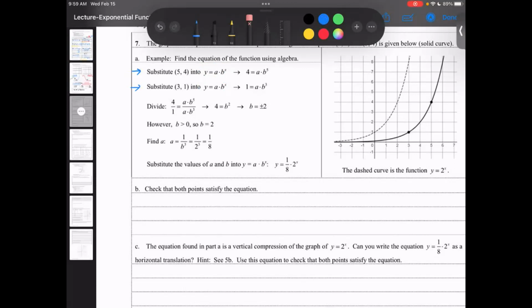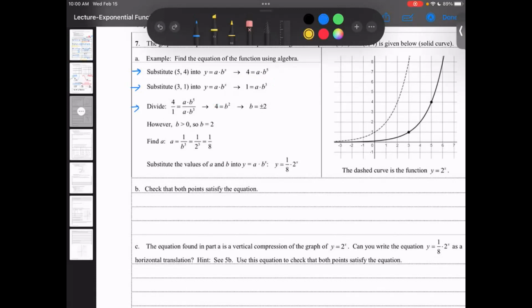Now I have 2 equations with 2 variables, a and b, which I need to solve for. The next step, you're gonna take the quotient of those 2 equations. You divide the first equation by the second equation. So 4 divided by 1, and a times b to the 5th divided by a times b to the 3rd. 4 divided by 1 is 4.